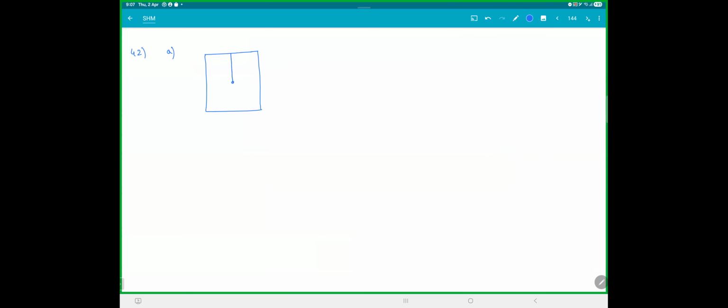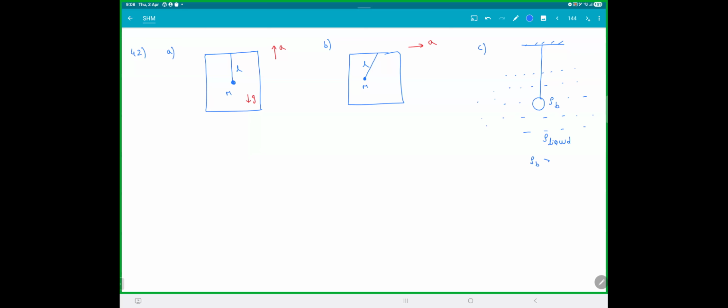Let's say we have a pendulum here whose mass is rho b. This is dipped inside a liquid. Rho body is greater than rho L. Again, the length of the string is L. Find the time period for small oscillations.